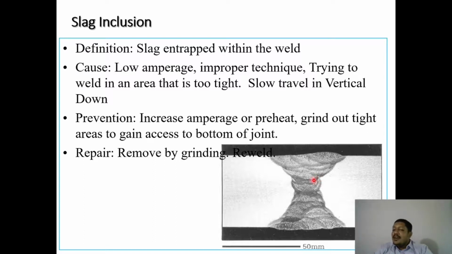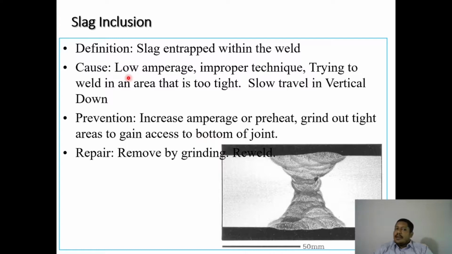That will be your generating area. These kinds of slags may sometimes get entrapped in your weld. So if you are going for a multi-pass weld, you have to ensure proper cleaning of the surface after a pass has been completed. Otherwise the slag will get deposited and you will get a brittle welded joint.